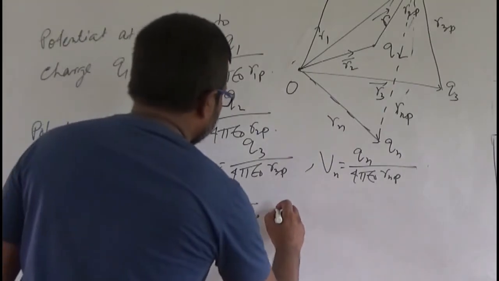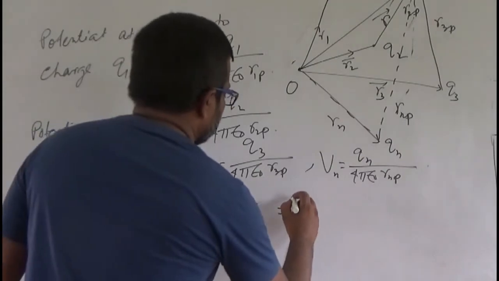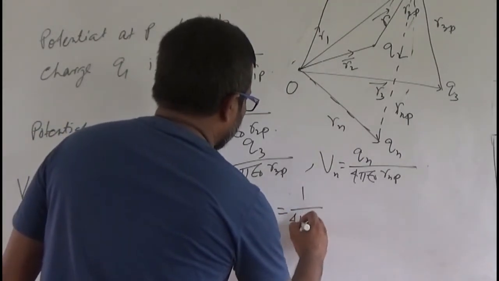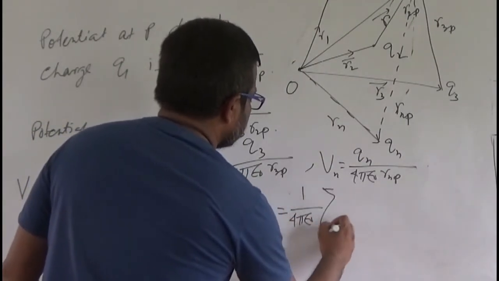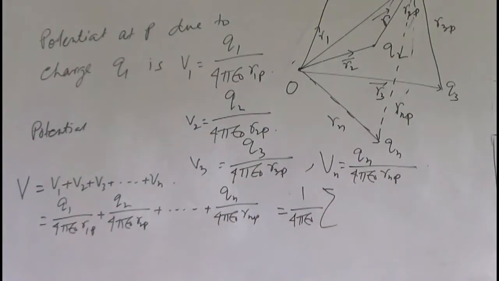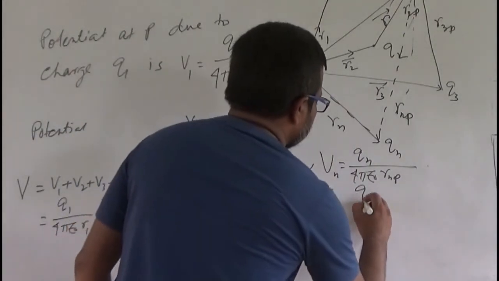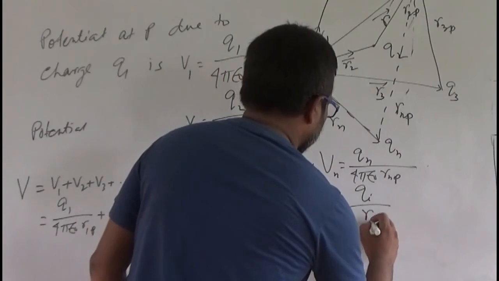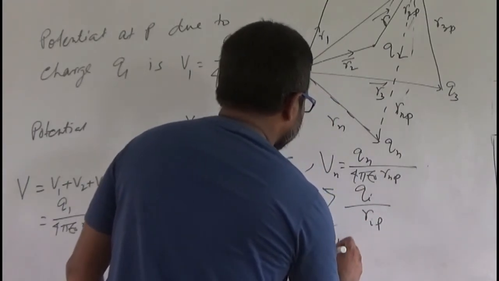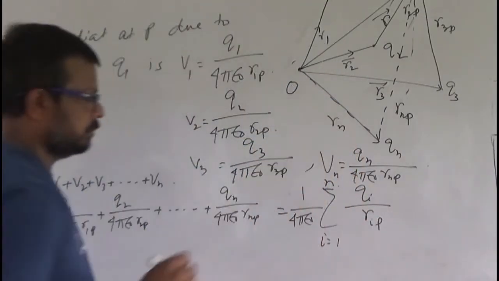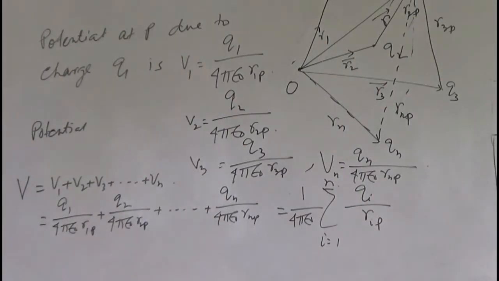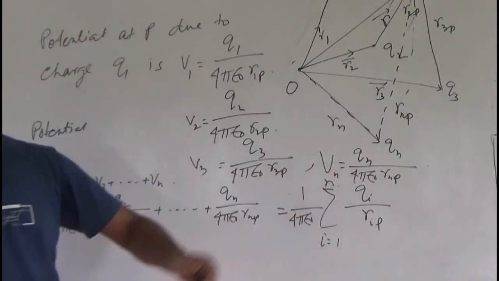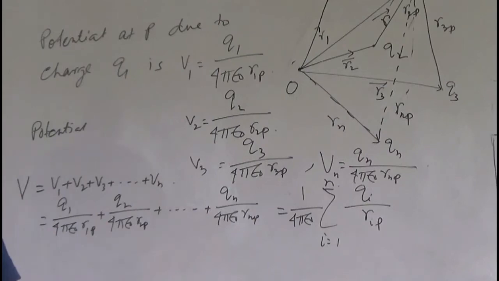And this can be written as 1 by 4 pi epsilon naught summation over Qi divided by RiP, i equal to 1 to n. Summation will be taken over charge 1 to charge n. And this can also be written like this.